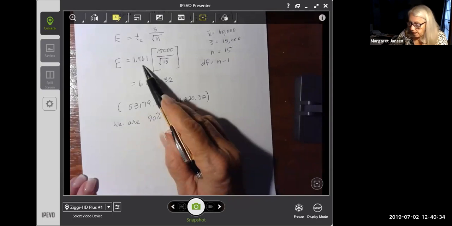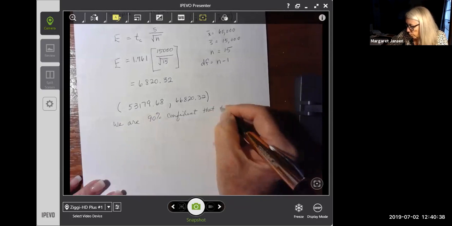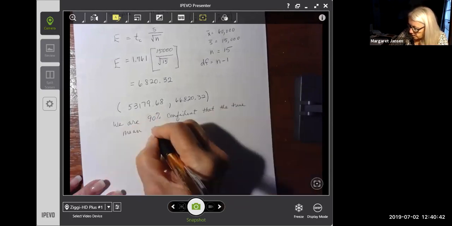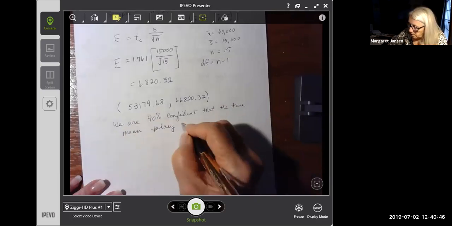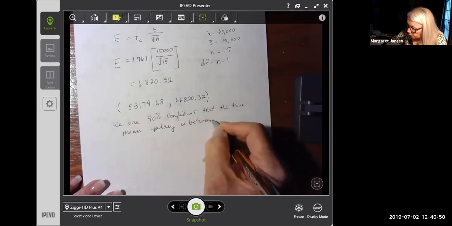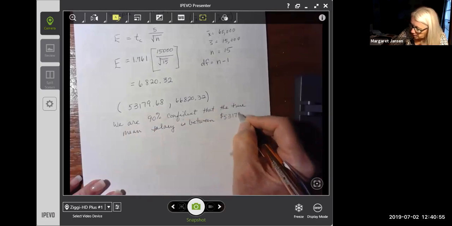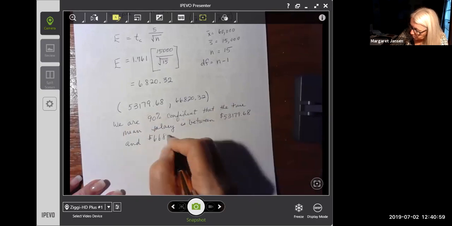Okay, so we are 90% confident that the true mean salary is between $53,179.68 and $66,820.32.